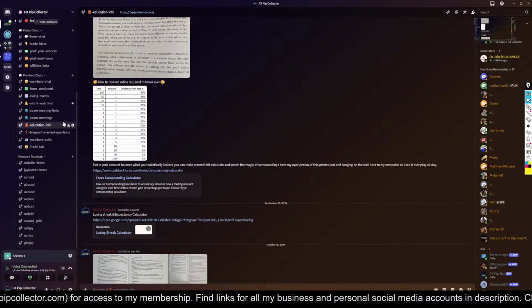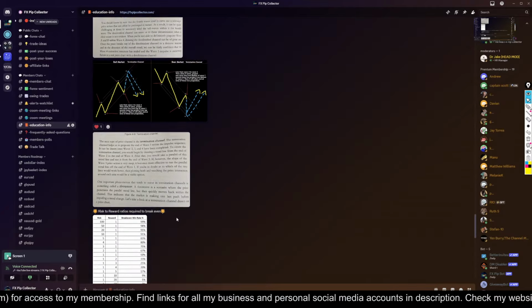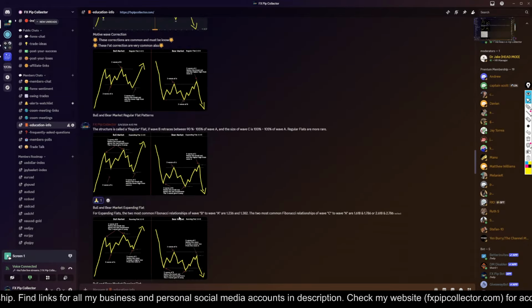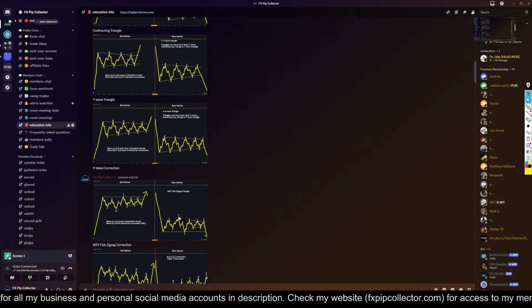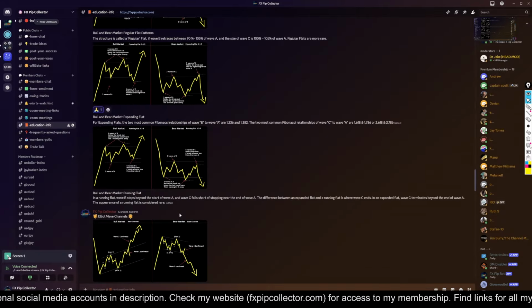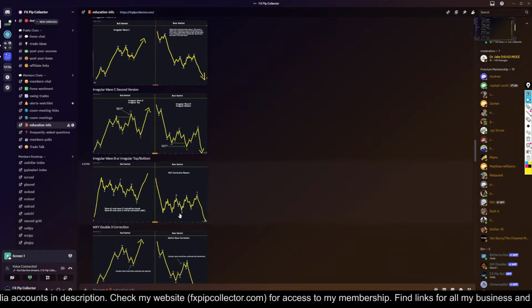This is my Discord channel right here, and this is the educational tab. This is all information that I provide for my members. If I scroll all the way up to the top, pretty much every single Elliott wave pattern is in here. Almost every Elliott wave pattern that you can find is in this tab.